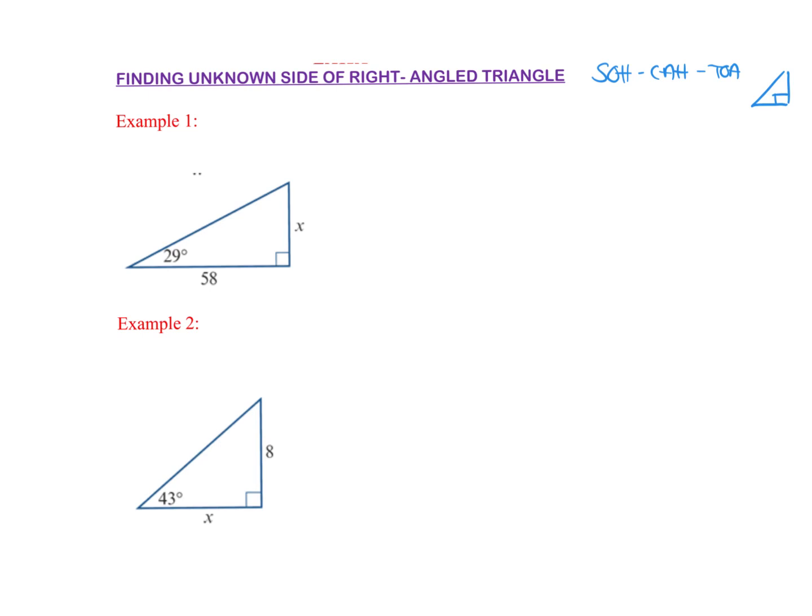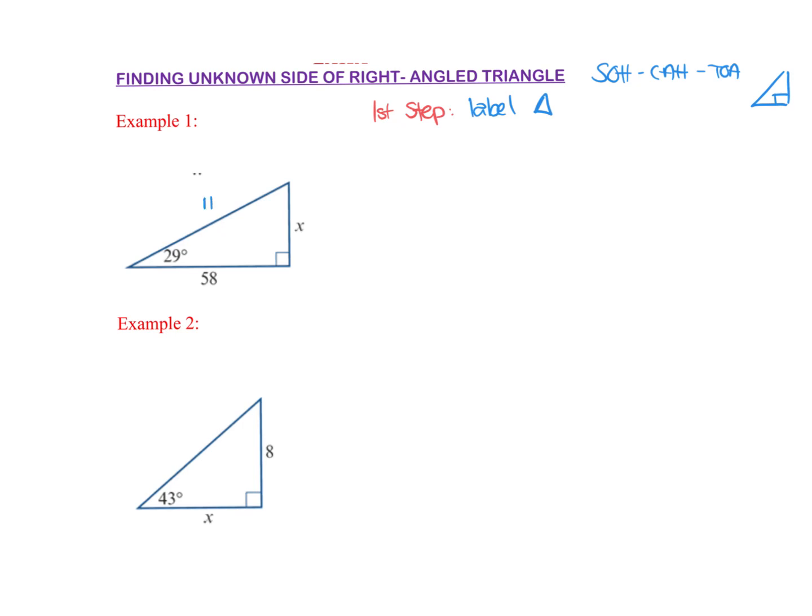So today we're going to look at how we can use those formulas to find a side in the triangle when we don't know it. Our first step is to label our triangle. I mean that I'm going to label up all the sides.